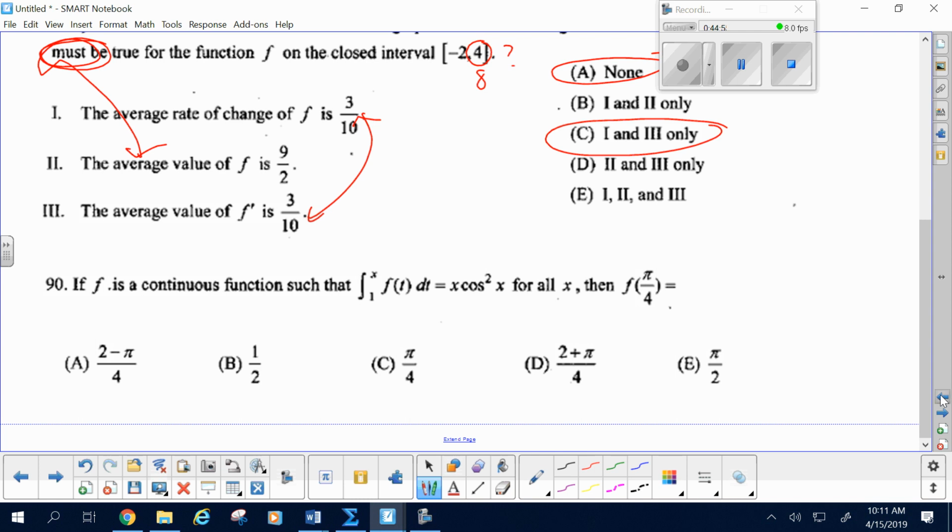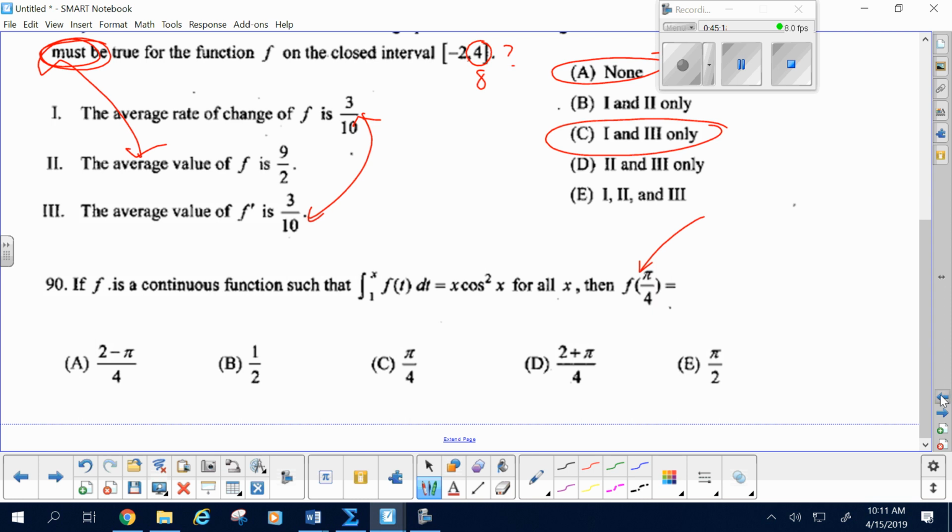90 was a great fundamental theorem of calculus part 2 question. They give you this crazy antiderivative of f function, but they ask about f. Well, if I want f, then I want to get rid of that antiderivative. What gets rid of an antiderivative?